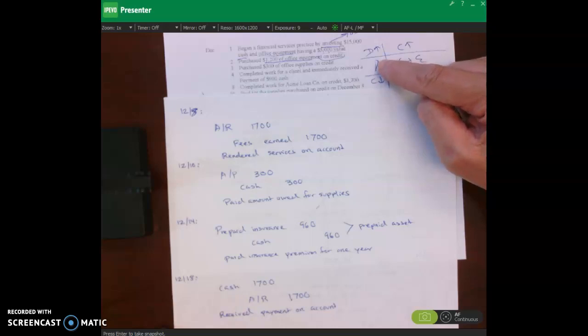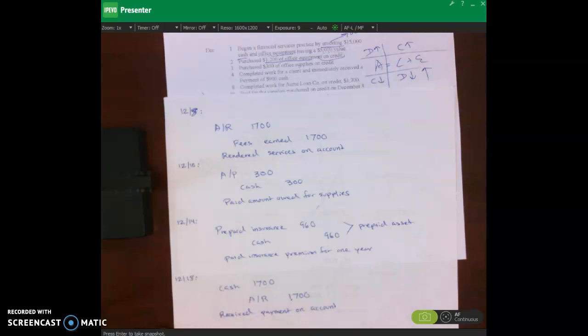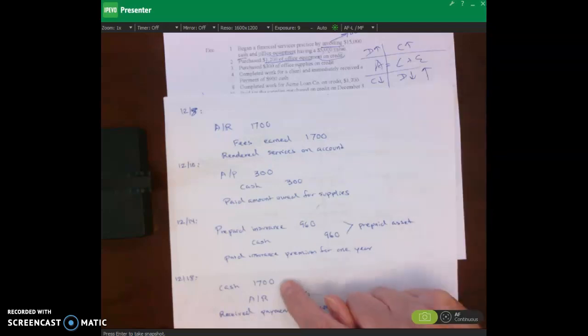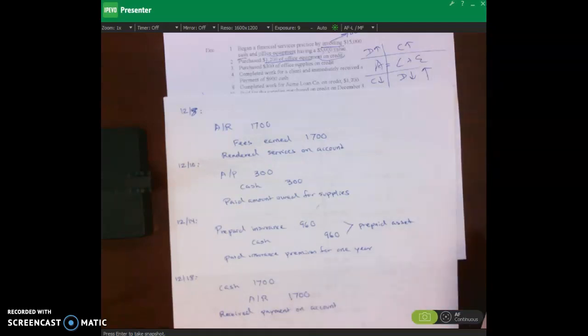How do I recognize that an asset is increasing? With the debit. But I don't have that accounts receivable anymore because I've been paid. So my accounts receivable is going down. Accounts receivable is also an asset, but that asset is going down. How do I recognize that in terms of debits and credits? With a credit. So my journal entry is debit to cash, credit accounts receivable.